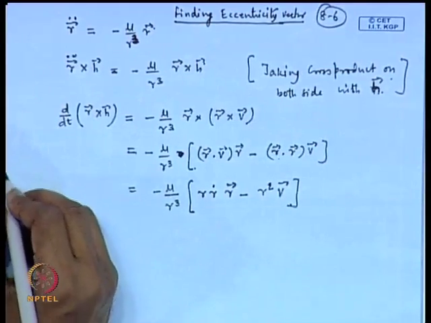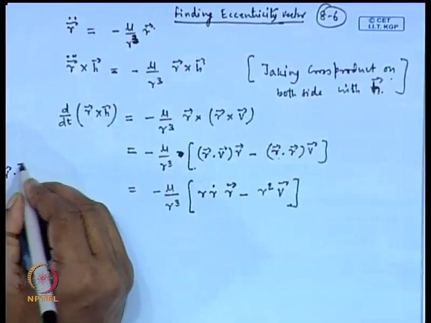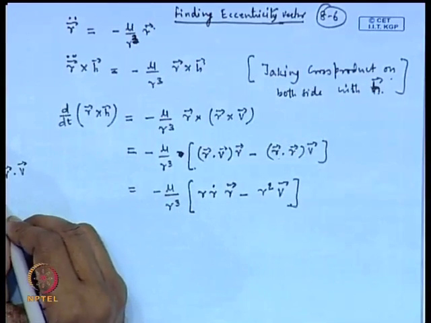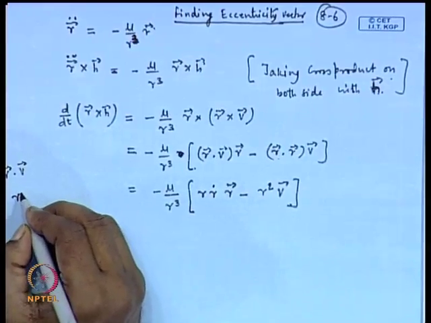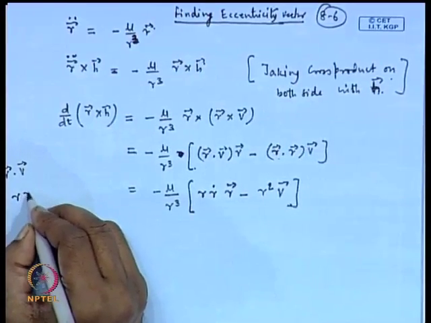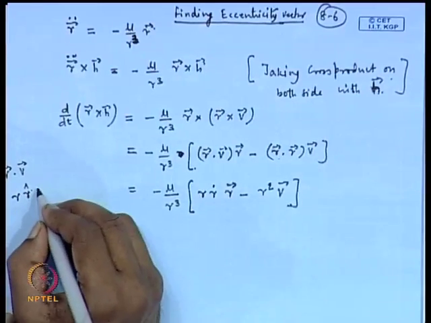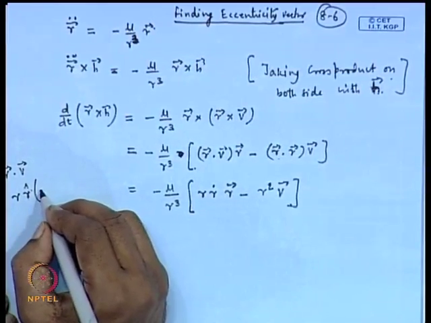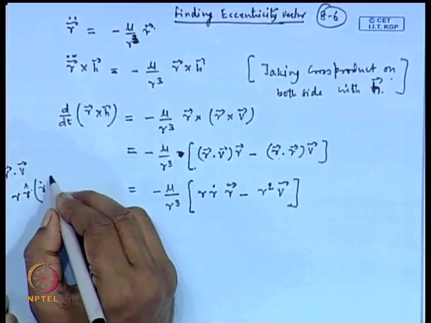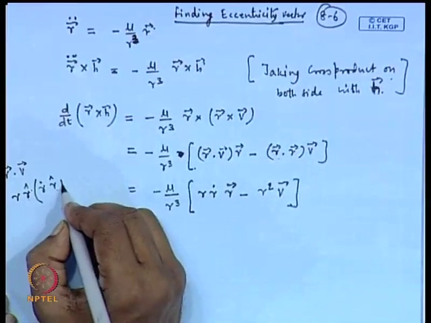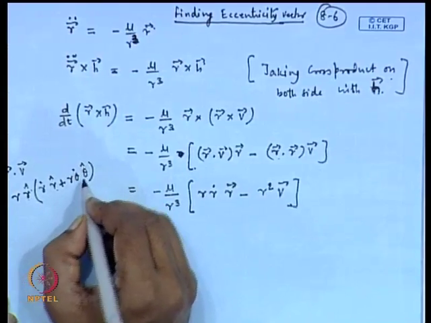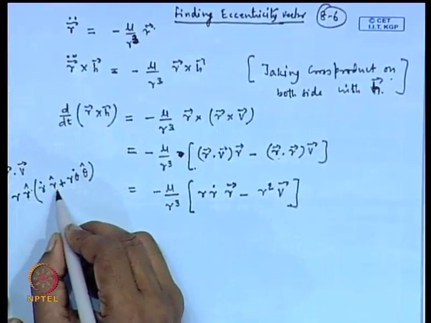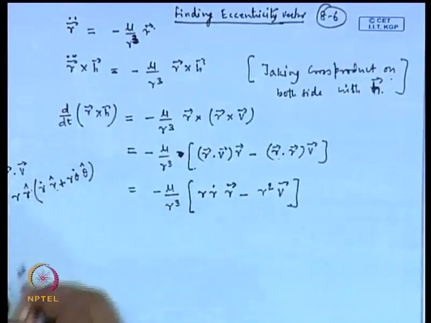So, now let us look into this quantity r times v dot, how this is equal to r times r dot. r we can write as r times r cap, the unit vector in the r direction, and v we can write as r dot times r cap, unit vector in the r direction, plus r times theta dot times the unit vector perpendicular to the r vector, which is theta cap.